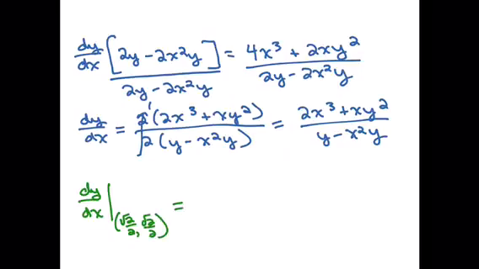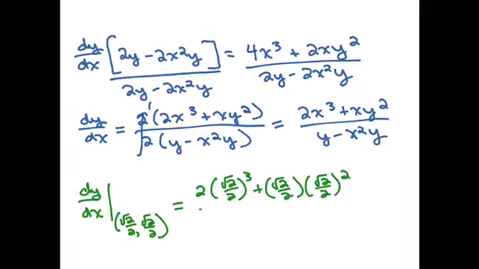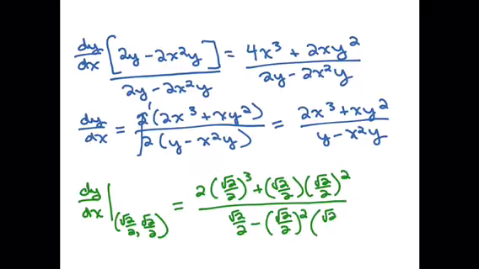So when I plug this in, I get 2 times the square root of 2 over 2 cubed plus square root of 2 over 2 times the square root of 2 over 2 squared, over the square root of 2 over 2 minus square root of 2 over 2 squared times the square root of 2 over 2. Now this is really ugly, but if I do the arithmetic, all of this actually simplifies to be 3, which is our slope.